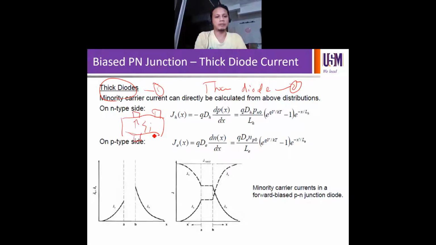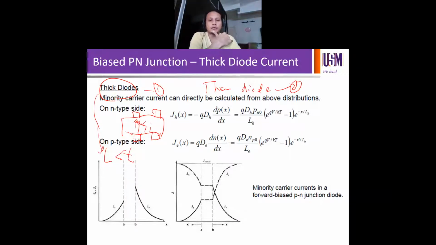Dia tak sampai sebab apa? Sebab dia punya distance to travel is too long, and the diffusion length for thick diode is less than the device thickness, right? The diffusion length is less than the device thickness, therefore you call it thick diode.